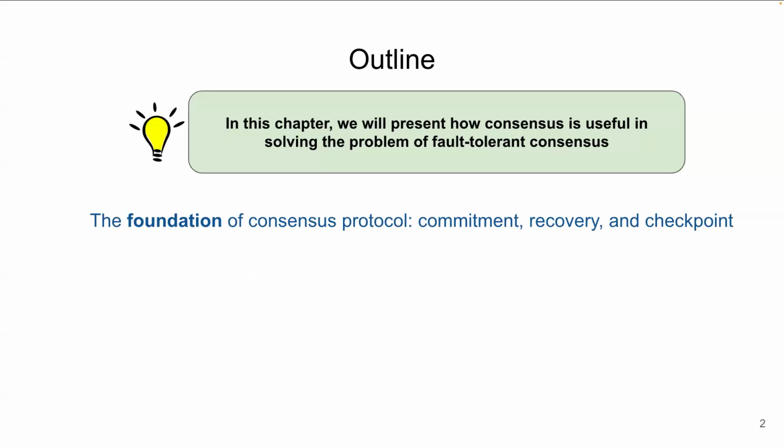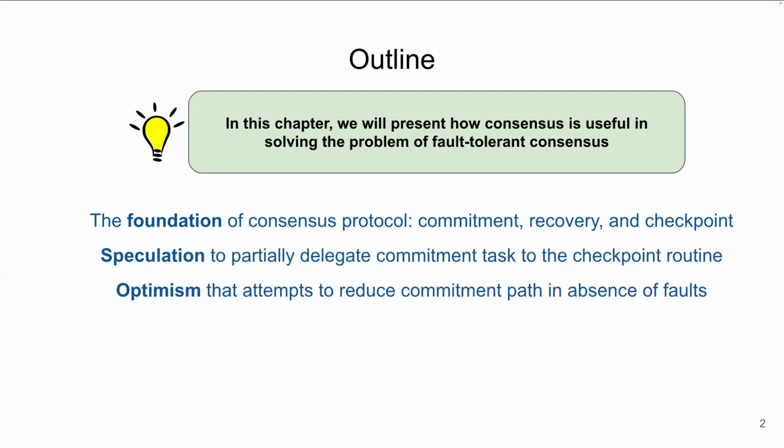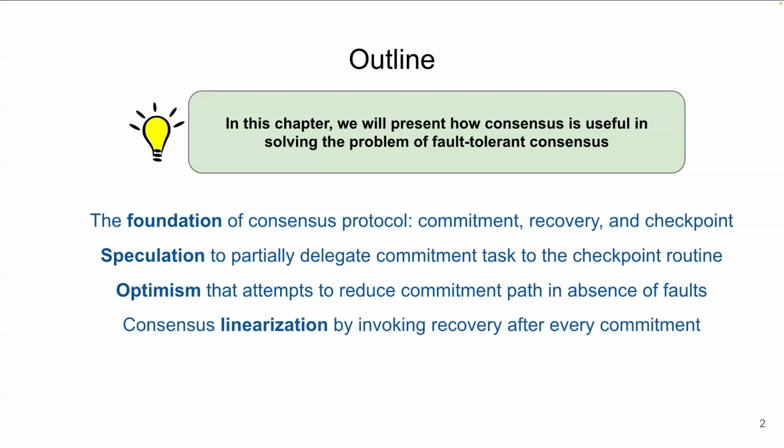So again, the slides are also available online. We're going to talk about the foundation. We're going to talk about speculation. We've already talked a little bit about elimination of the commit phase of PBFT, but we'll go over it again. And we'll look at a few other optimistic optimizations as well.